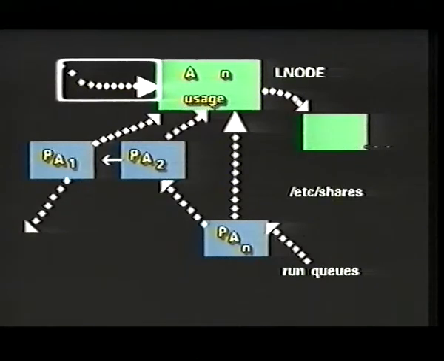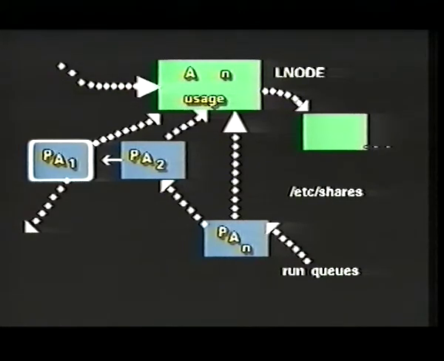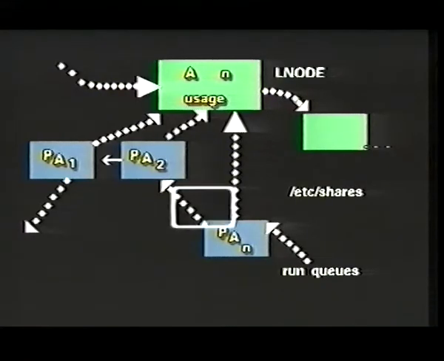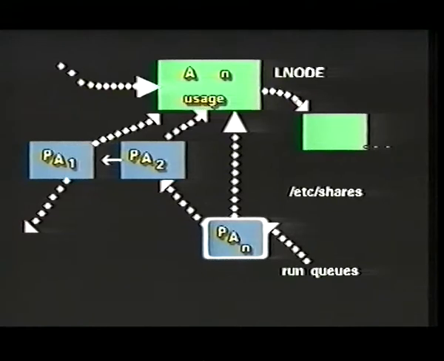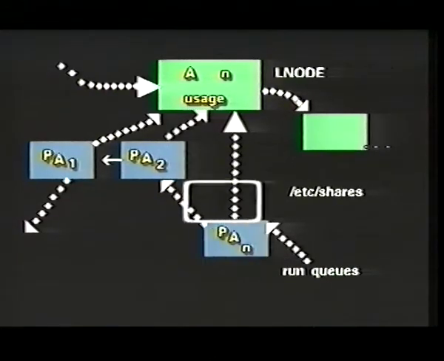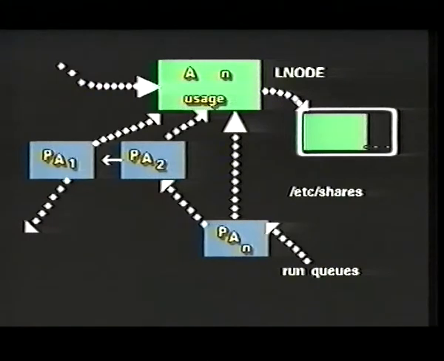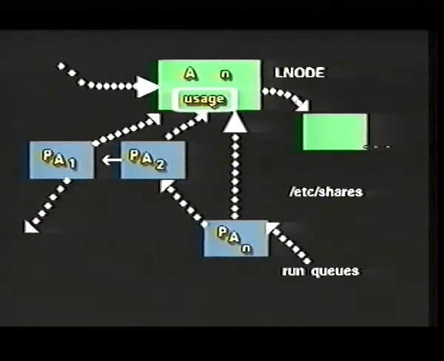If you have processes, like here's process A1, process A2 and process AN, all of these processes have a pointer back to this L node, and this is the L node for user A. And then there are other L nodes like that. So your entire usage for every single process in the machine is kept in one place in this L node.